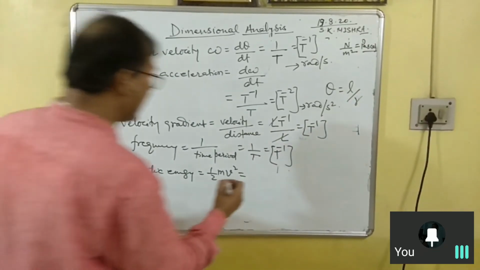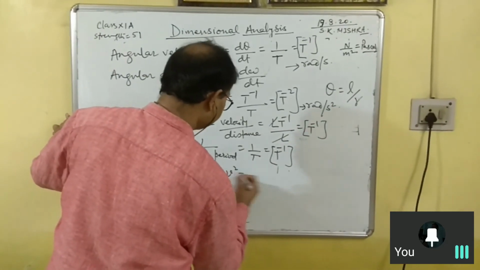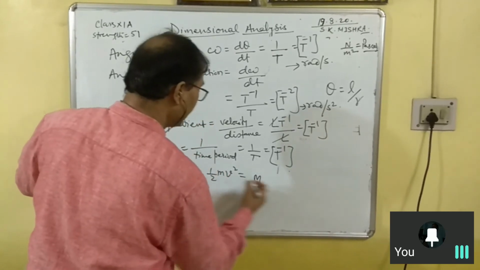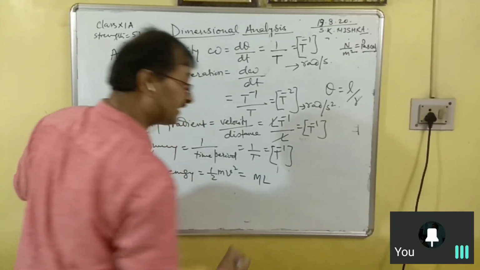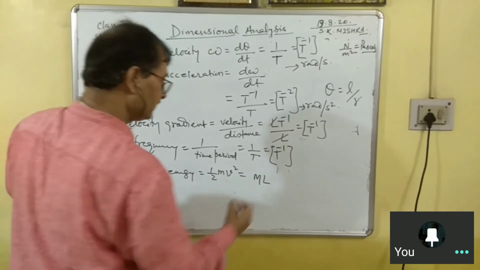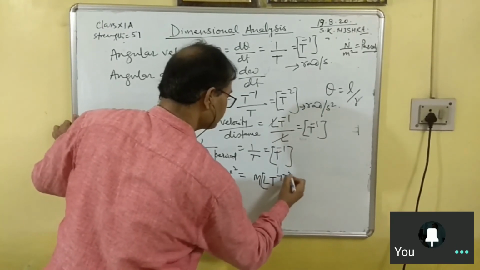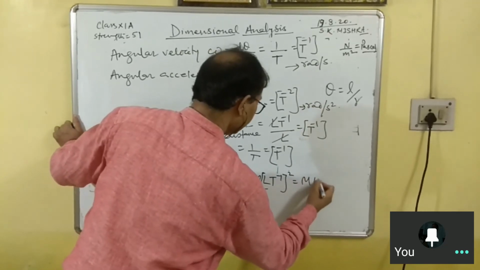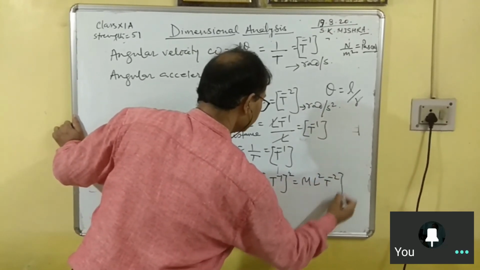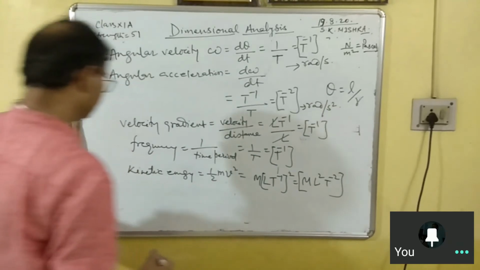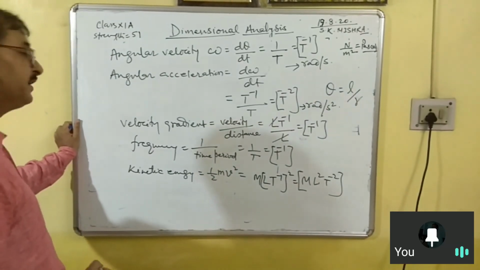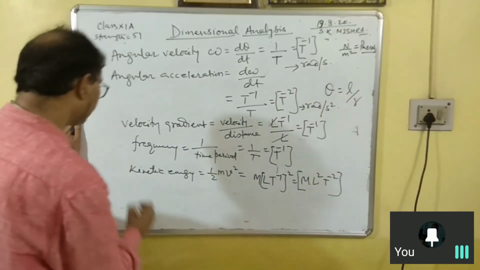Half has no dimension, m, and v is L T to the minus 1, whole squared. So M L squared T to the minus 2 is the dimension of kinetic energy. The unit is joule only.